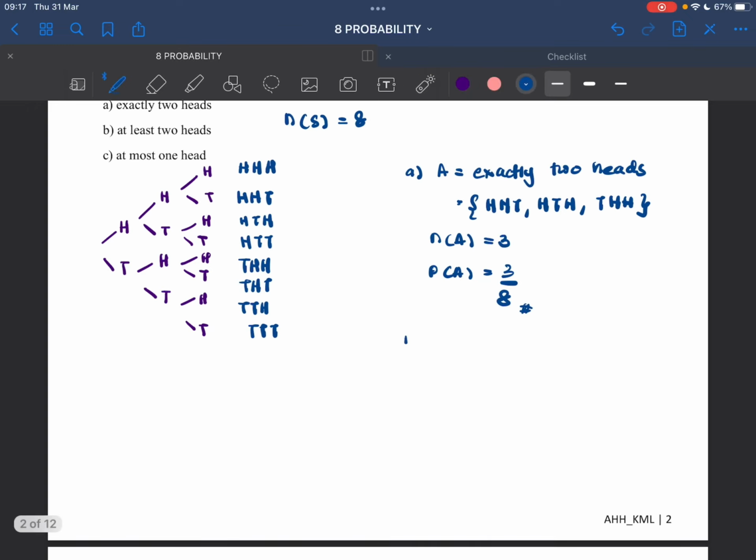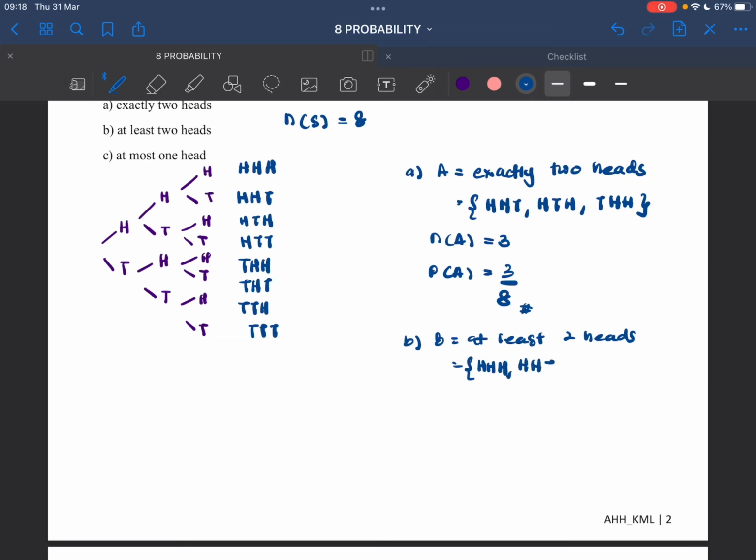Alright. So B, at least 2 heads. B is equal to at least 2 heads. At least means minimum, so it can be more. So H, H, H we can include. H, H, T we can include.